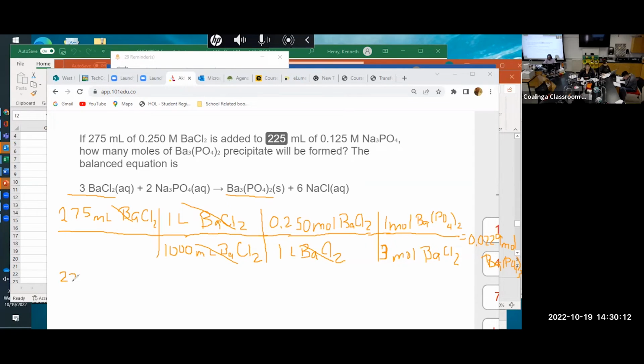Okay, so if we have, I mean, either I got 0.2. Okay, now we have to do the same thing. We have to use the moles of sodium phosphate.